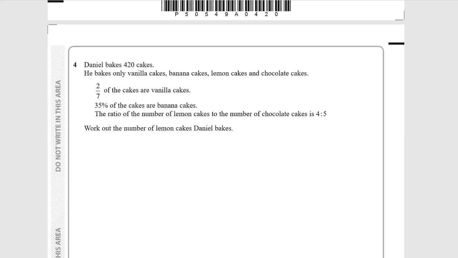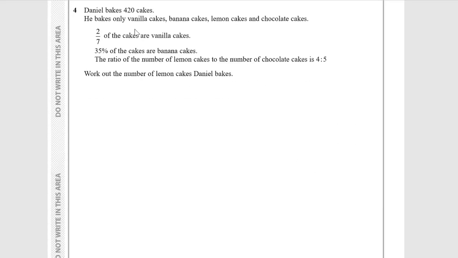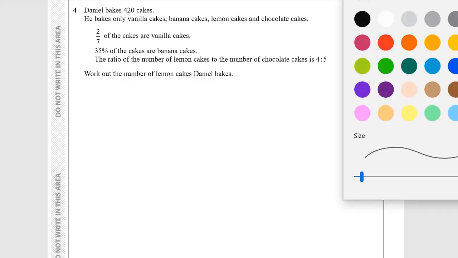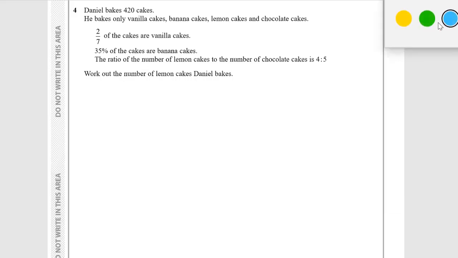Question 4. So it says Daniel bakes 420 cakes. He bakes only vanilla cakes, banana cakes, lemon cakes, and chocolate cakes. 2 over 7 of the cakes are vanilla cakes, 35% of the cakes are banana cakes. Sometimes it doesn't want to highlight.